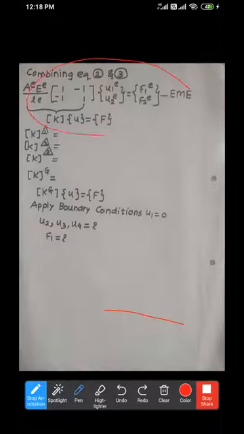We got the EME: AE by L times the matrix [1 -1; -1 1] times [U1 U2] is equal to [F1 F2]. At the end, we got this EME.